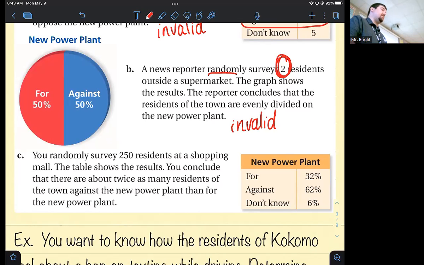This could get fuzzy because I don't know how big this town is. I don't know how many shopping malls they have. How many shopping malls does Kokomo have? Just one, really, right? So I mean, the size of Kokomo.